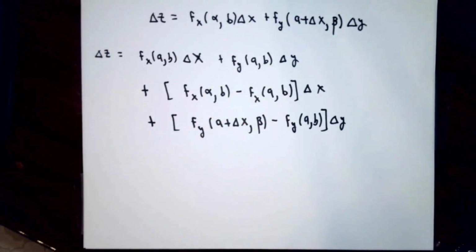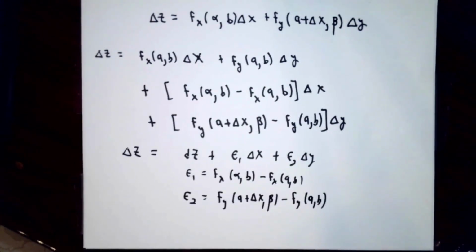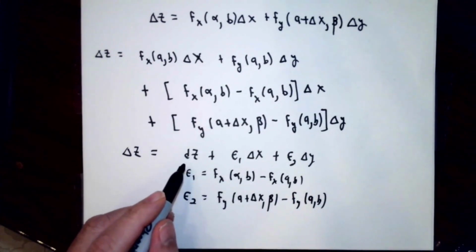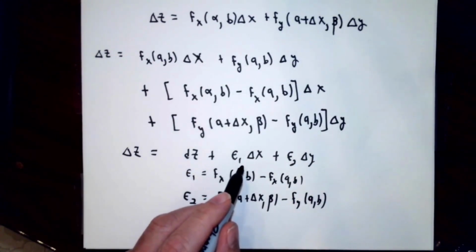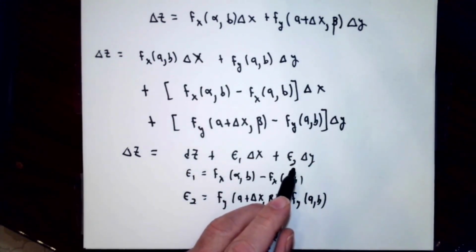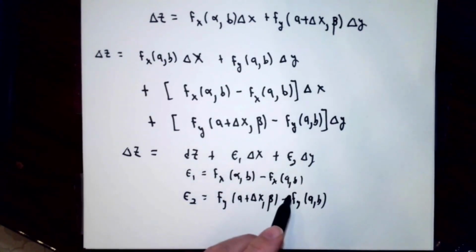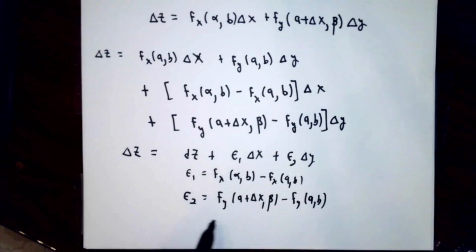So this is just a sneaky way of writing these things. So the upshot of all of this is delta z is dz plus epsilon 1 delta x plus epsilon 2 delta y, where epsilon 1 is this quantity and epsilon 2 is this quantity.